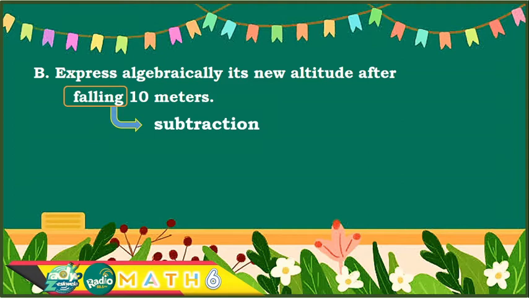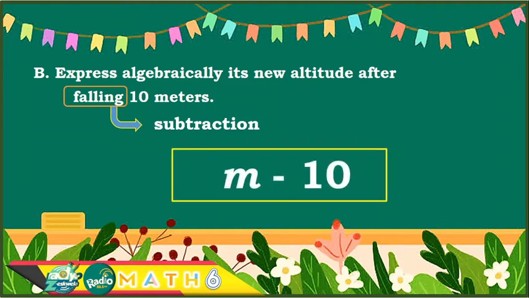To express algebraically the new altitude of the kite after falling 10 meters, we have m minus 10, which can also be read as m decreased by 10, m diminished by 10, 10 less than m, the difference of m and 10, and 10 subtracted from m.